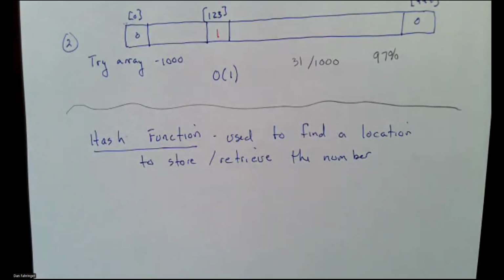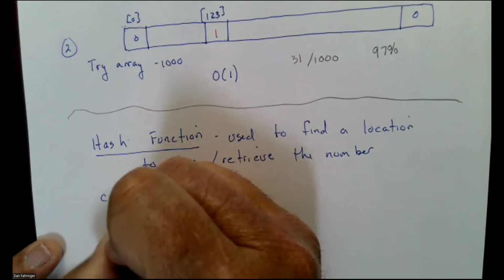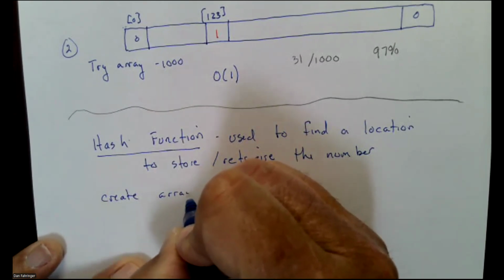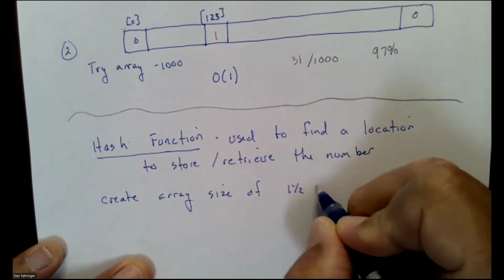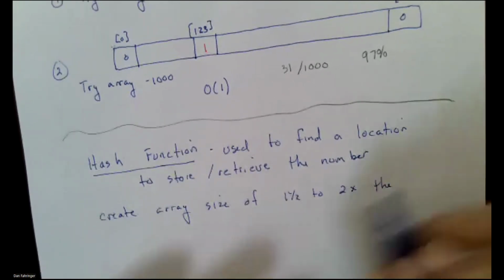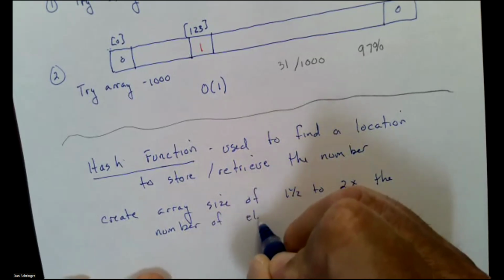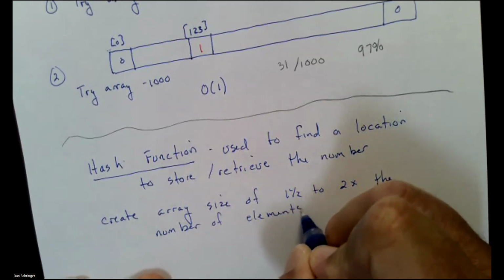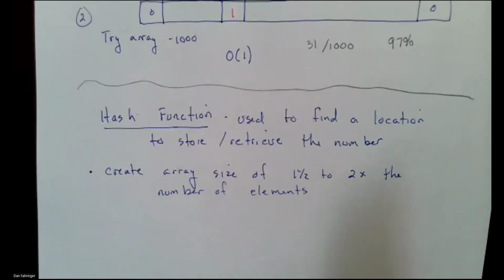So what I'm going to do is create an array size of 1.5 to 2 times the number of elements. Okay, so I have 31 numbers I want to store.